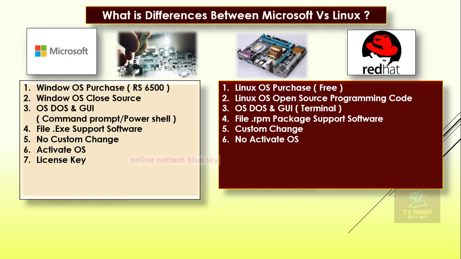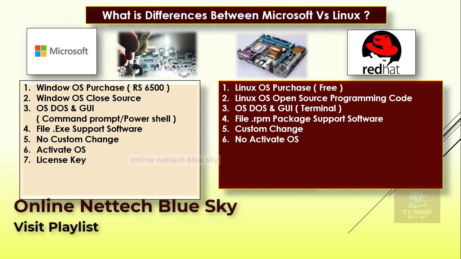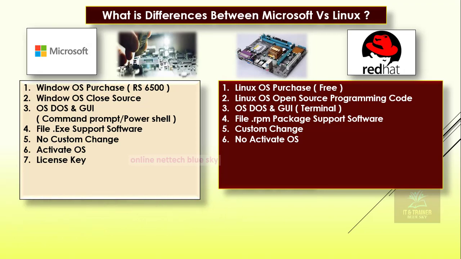The first time you purchase your Windows operating system, either at a computer shop or online through Microsoft, you first have to pay, and then Microsoft gives the license key for your operating system activation.